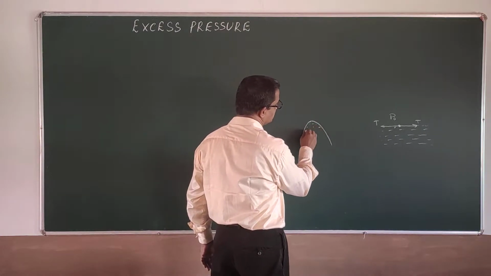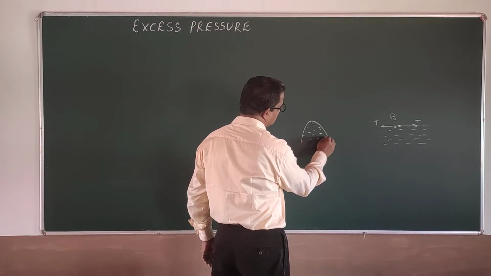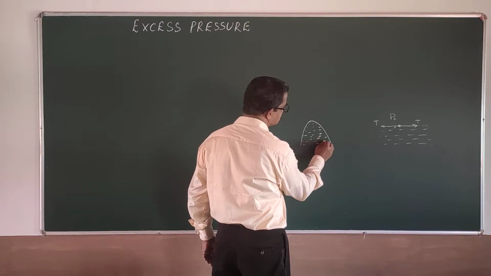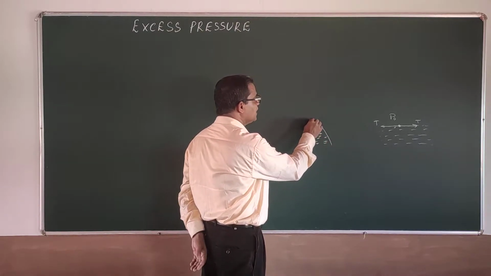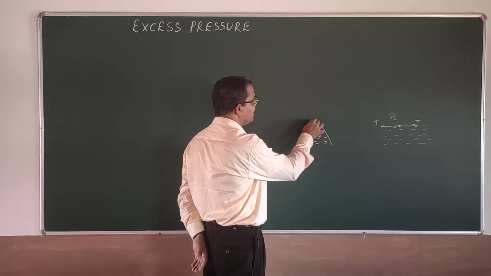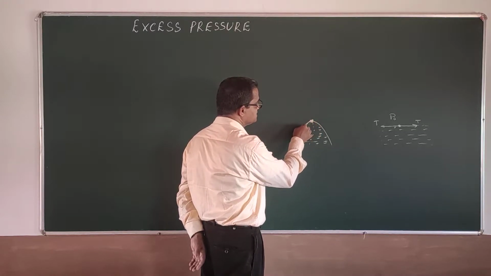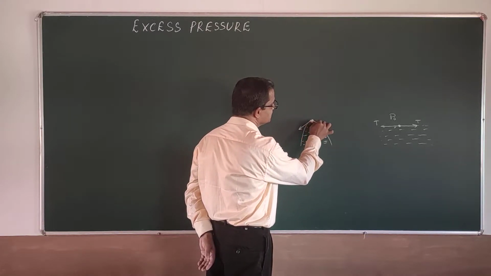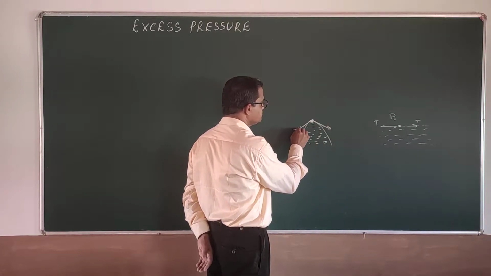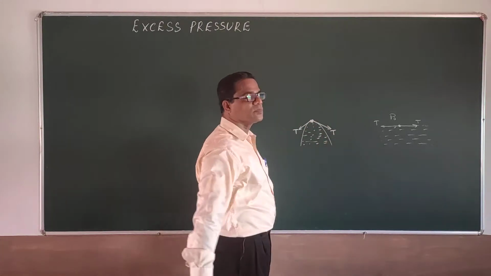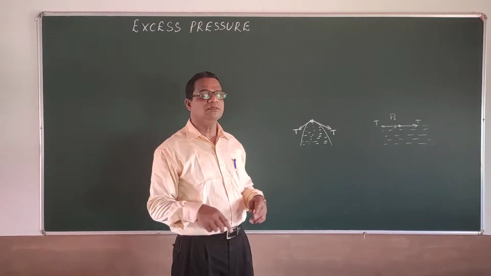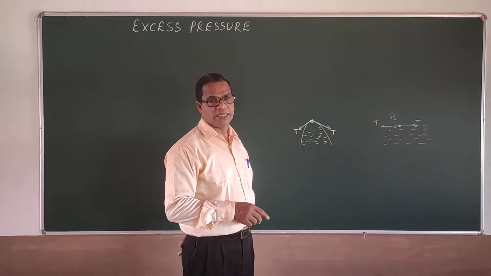Now, if I take a liquid surface like this and the liquid is inside, curved like this, then the molecule at this particular point will have the surface tension acting like this, along the tangent at that point on either side.